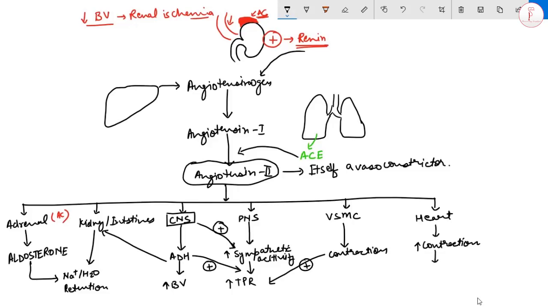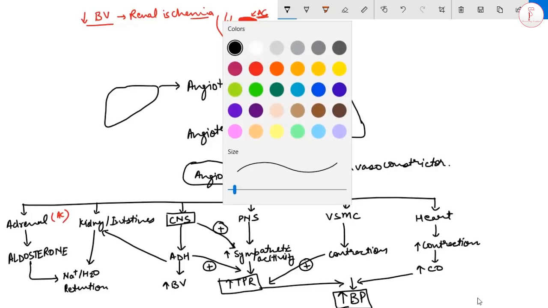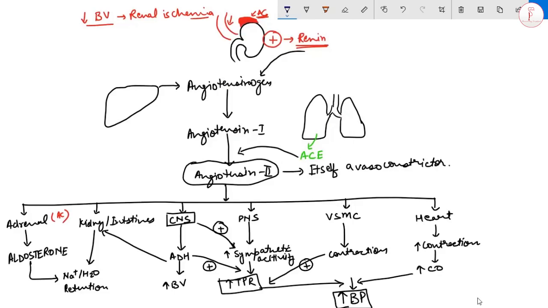Angiotensin 2 also acts on the heart, and it increases the force of contraction, leading to increased cardiac output. All these factors contribute towards an increase in blood pressure. This is the physiological part, but if these conditions go out of control or go beyond a certain point, then this leads to hypertension.